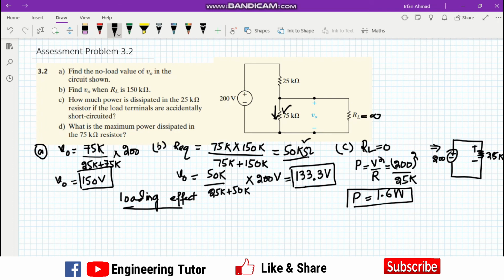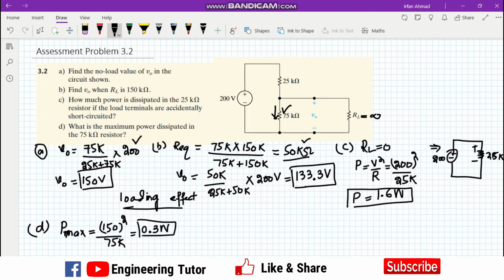There will be no current through RL, all current will pass through here, like the scenario in part A. Using the same scenario, the maximum power dissipation is 150 squared divided by 75k, which is 0.3 watts.